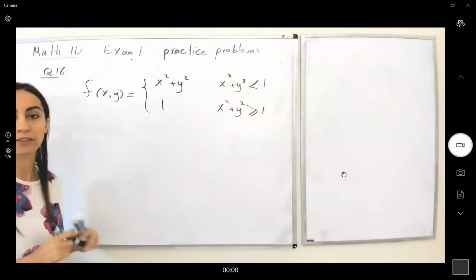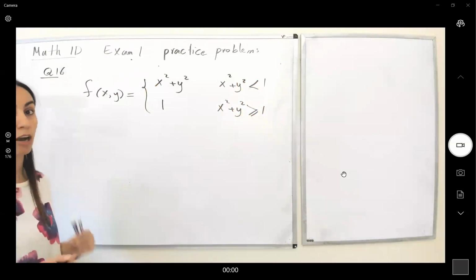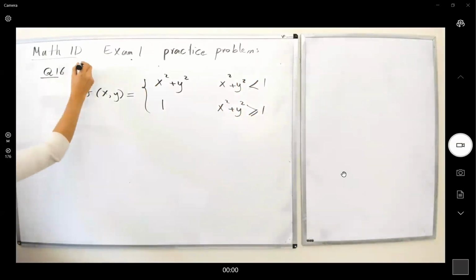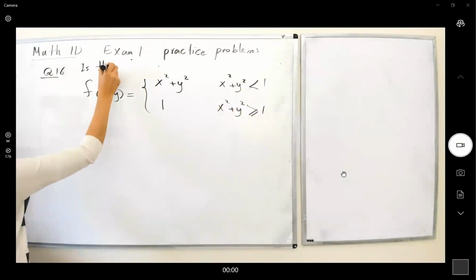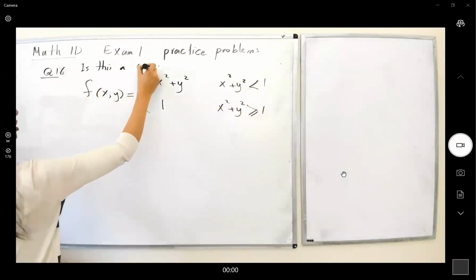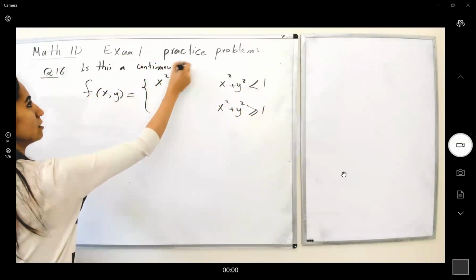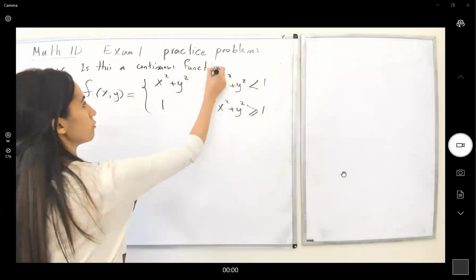You want to show whether this function is continuous or not. Is this a continuous function?